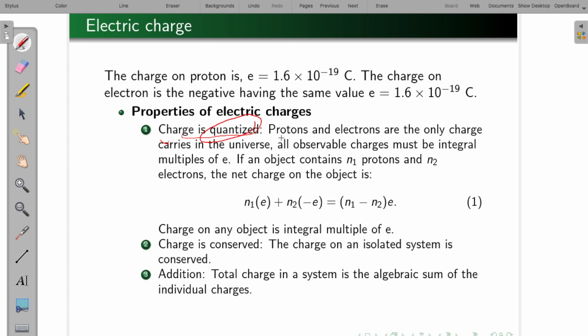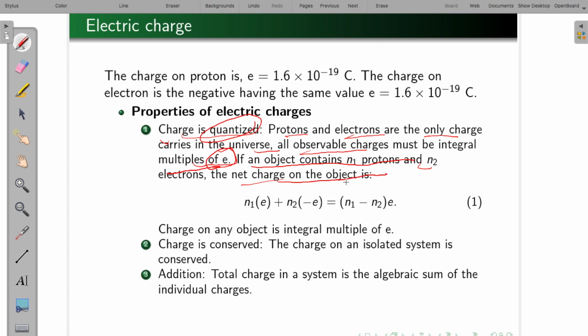The protons and electrons are the only charge carriers in the universe. All observable charges must be integral multiple of e. This is a very important statement. The charges of all observables in the universe are integral multiple of electron charge.